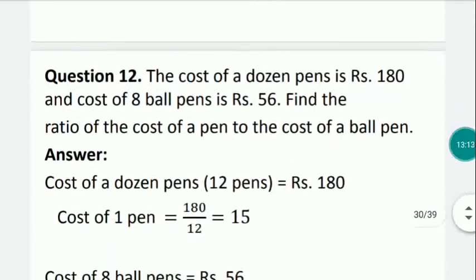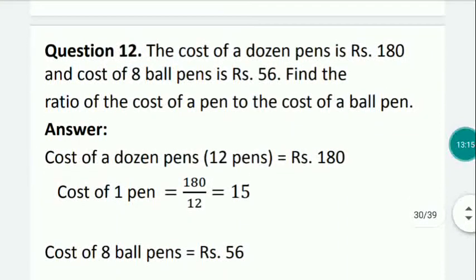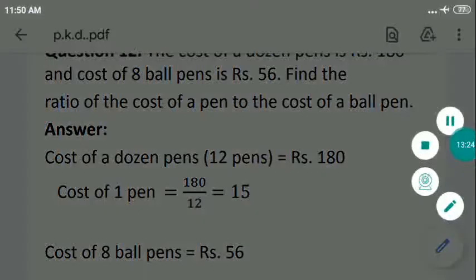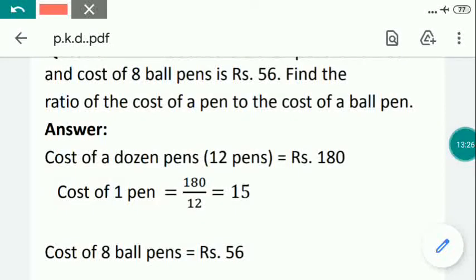Now question number 12. The cost of dozen pen is rupees 180 and a cost of 8 ball pens is rupees 56. Find the ratio of cost of pen to the cost of a ball pen. Cost of dozen pens, you know that 1 dozen is equal to 12.